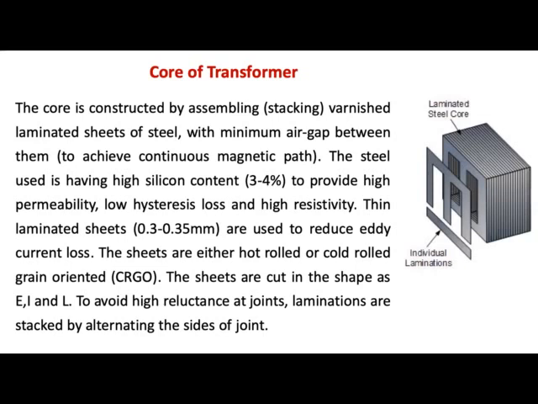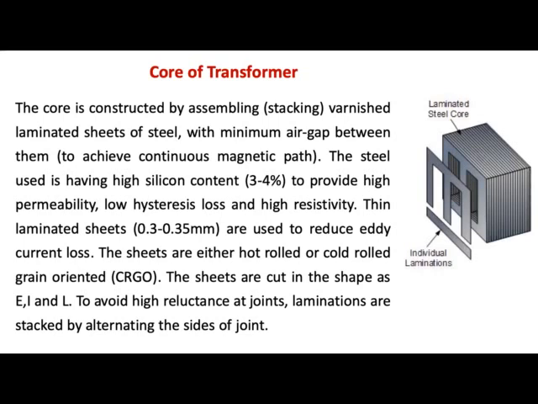Thin laminated sheets from 0.3 to 0.35 mm are normally used to reduce the eddy current loss. The sheets are either hot rolled or cold rolled, that is CRGO. Sheets are cut in the shapes E, I, U, C, L. To avoid high reluctance at joints, laminations are stacked by alternating the sides of the joints.